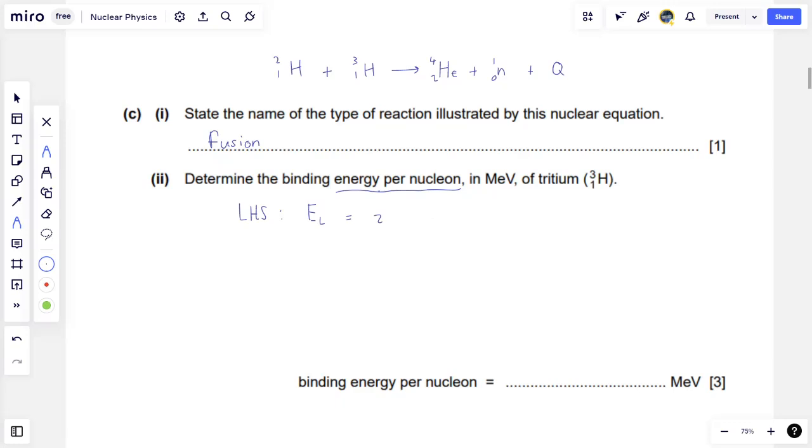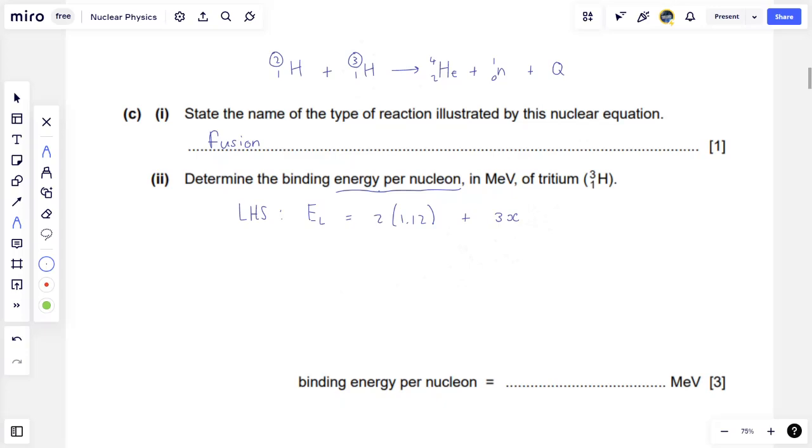And so, two nucleons in deuterium times the binding energy for each nucleon, 1.12. We're working in mega electron volts, so I won't write down the units, plus 3, since there are 3 nucleons in tritium, times what we basically want to find, the binding energy per nucleon of tritium. I'll call it X, so we know we need to solve for X.